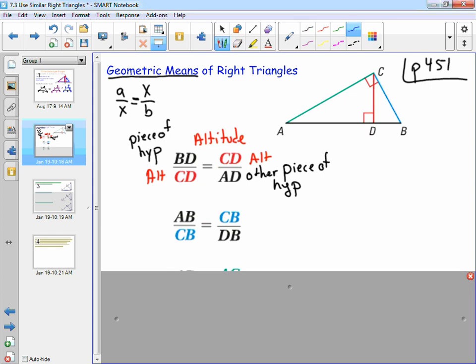The other one is the leg. And you'll hear me refer to this as the leg mean. CB, this segment here, is a leg of the original triangle.